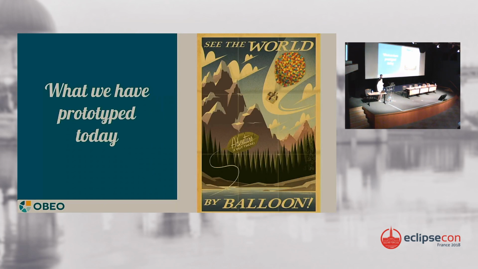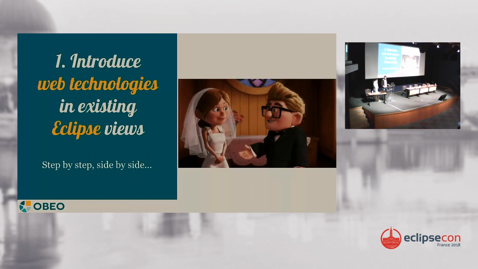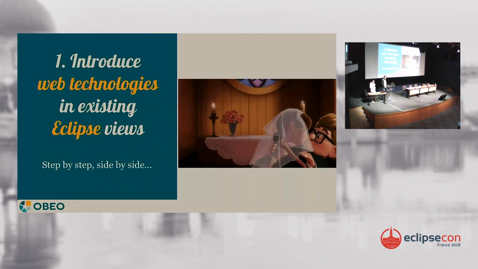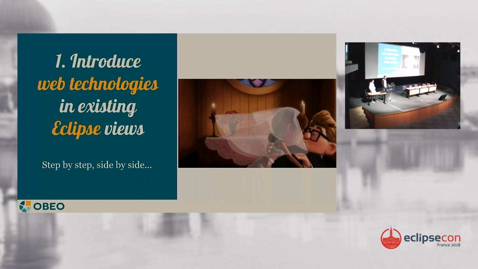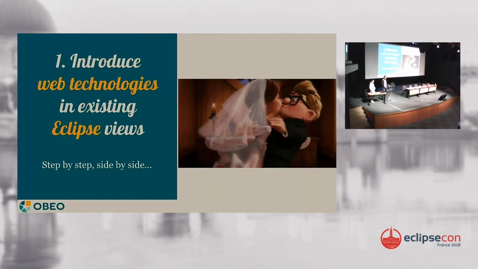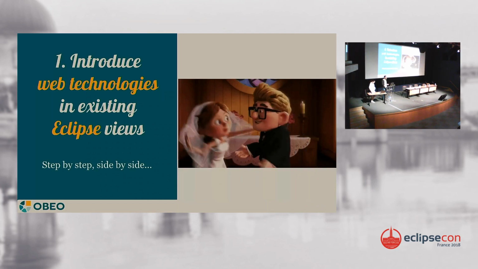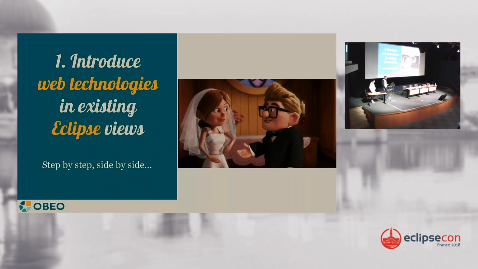So where are we today? We're going step by step and working on different sides. Our first step is to introduce web technologies inside the existing Eclipse views. We chose this approach to be able to provide right now new features which provide a modern look and feel that could be difficult to achieve using classical SWT and JFace APIs.